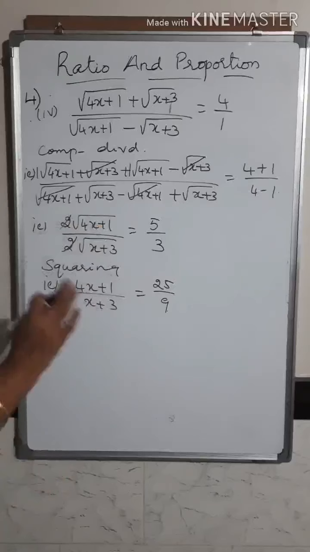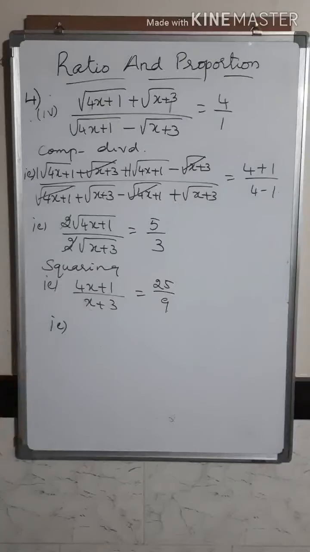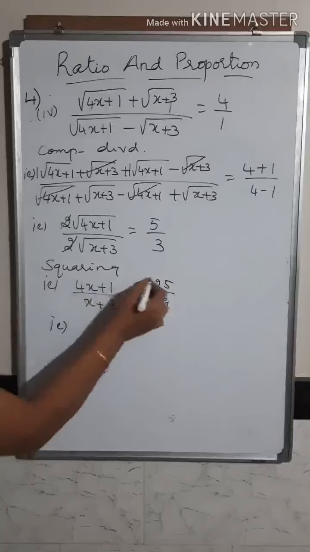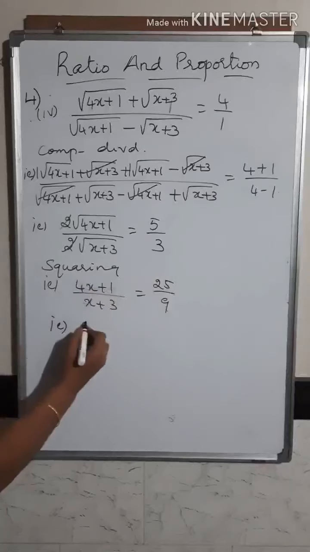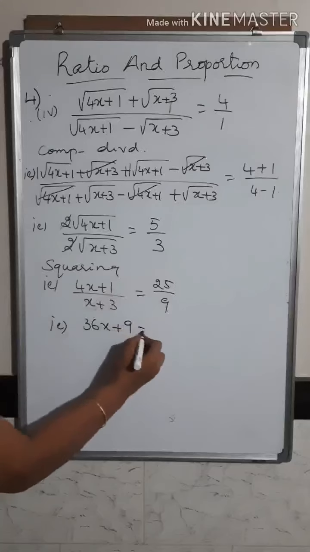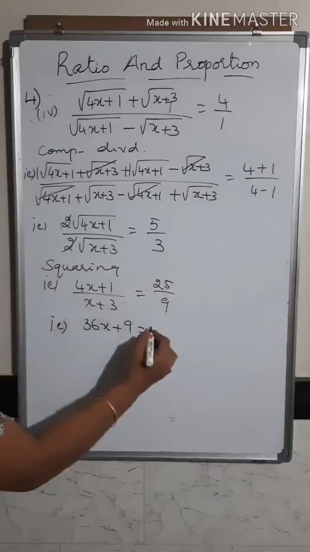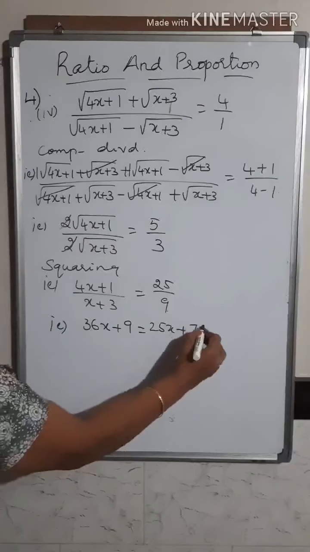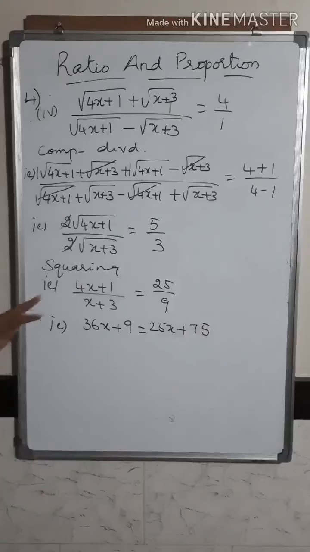Now it is very simple, you just cross multiply and find out the value of x. So these two I will multiply, these two I am multiplying. 9 4s are 36x plus 9 is equal to 25 into x is 25x plus 25 into 3 is 75. Both the terms are multiplied by 9, and here both the terms are multiplied by 25.